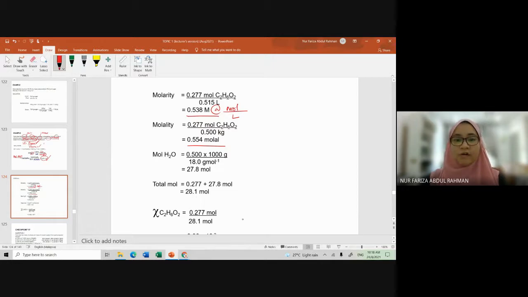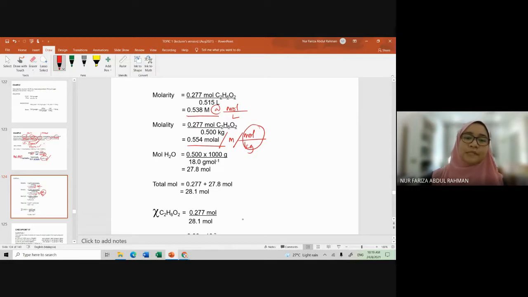For molality, it can be molal or small letter m, or mole per kilogram of solvent. This unit is helpful in telling us the amount of solvent and solute in the solution.